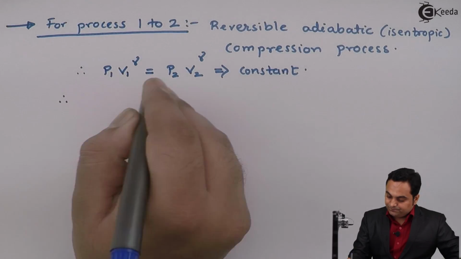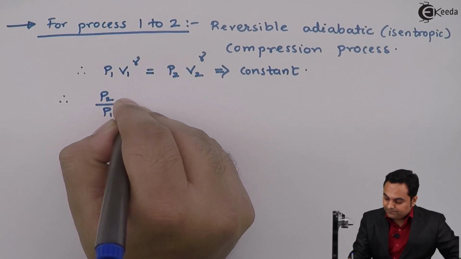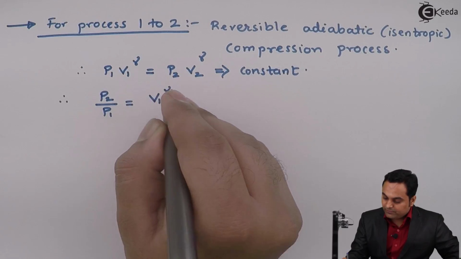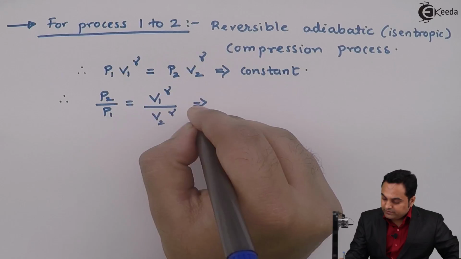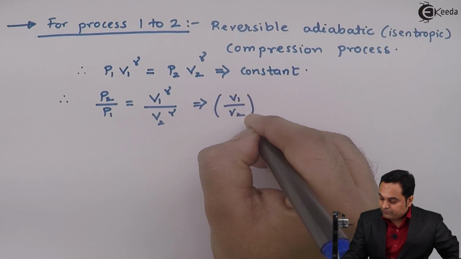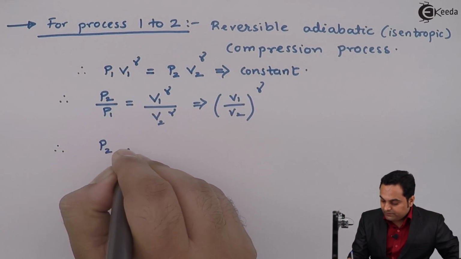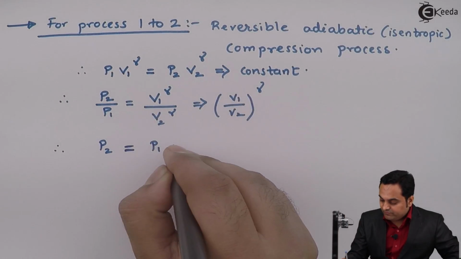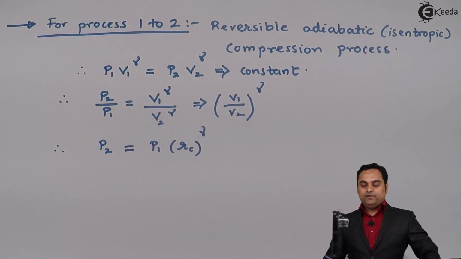Next, I'll keep pressures on one side, so P2 by P1 on one side. Next, here I will be having V1 raised to gamma in the numerator and V2 raised to gamma in the denominator. Gamma I can take as a common power, so V1 by V2 raised to gamma. Therefore P2 is equal to P1, shifted to the right hand side, times V1 by V2, which is nothing but RC, called the compression ratio, raised to gamma.